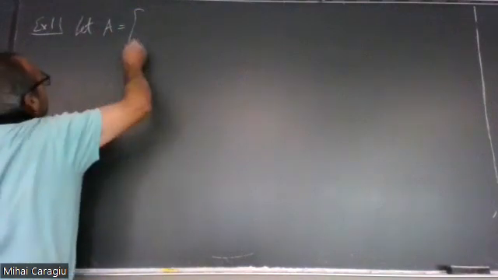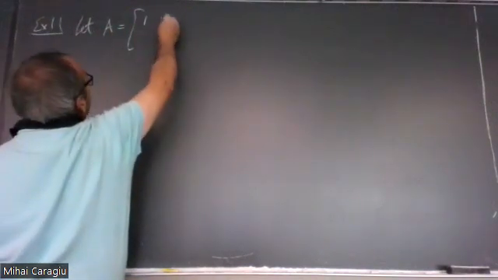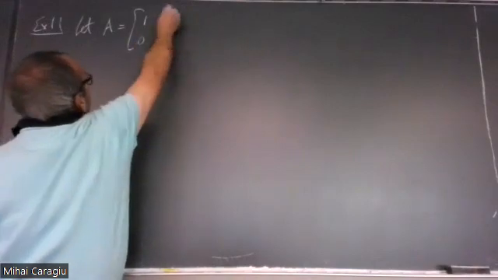So let A be the matrix 1, 2, 0, 1. Define the following vector space.